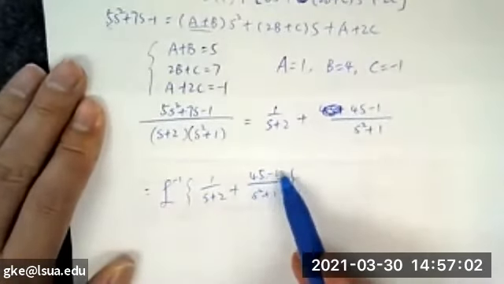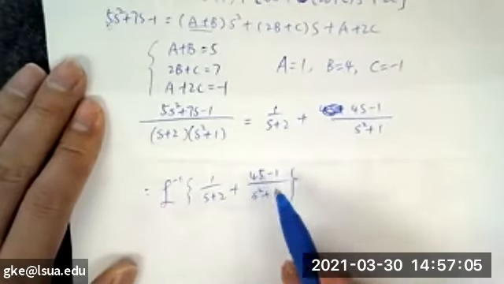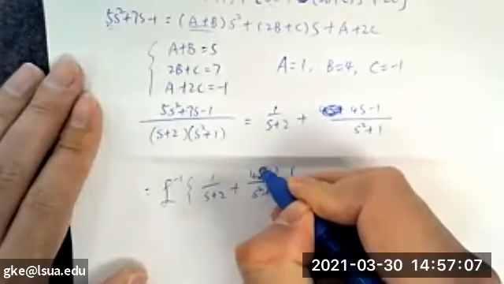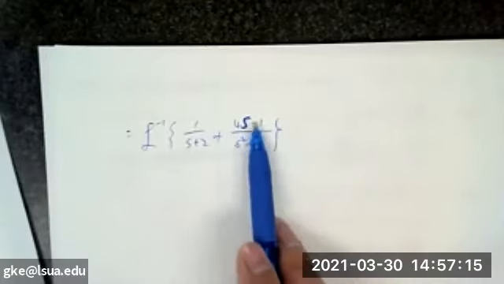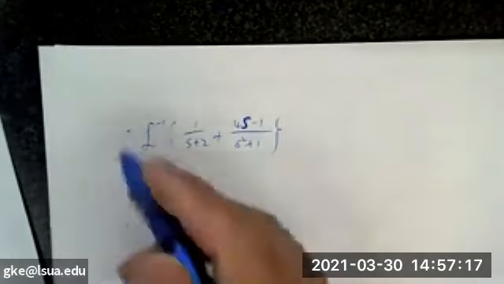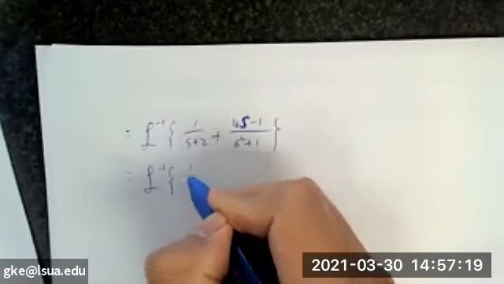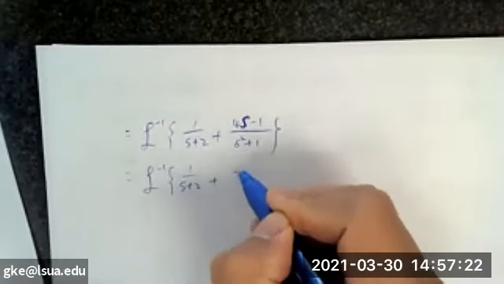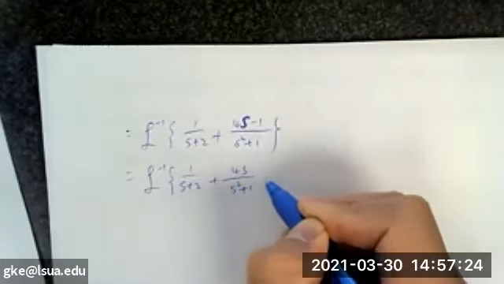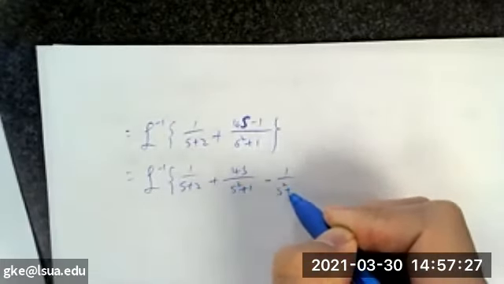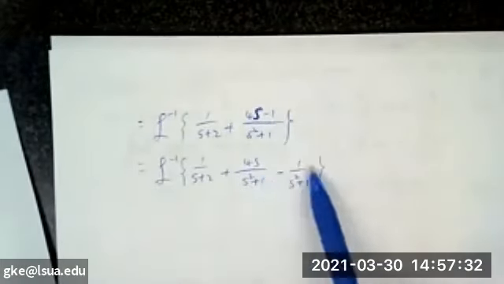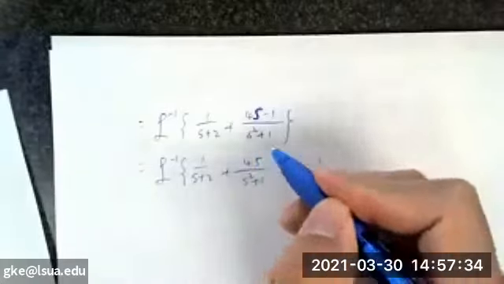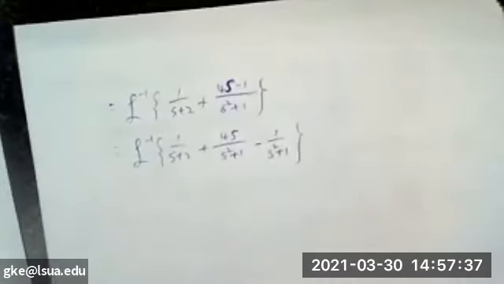Here is a 4s minus 1. Okay, 4s. And again, here we have s plus 2, so we can spread these two terms, like we did at the beginning of this class, right? Spread these two terms, right? So we're gonna get this guy. So basically we have three terms.